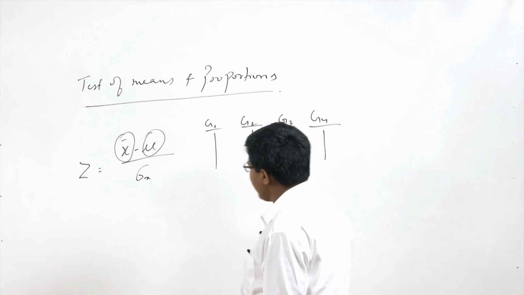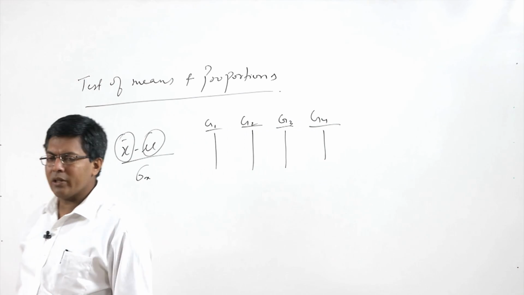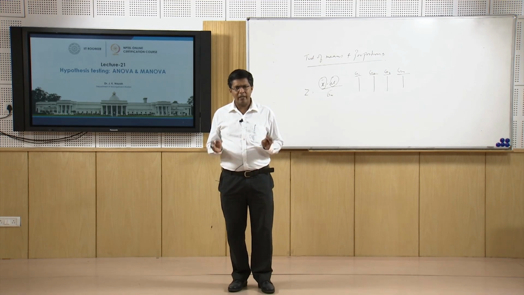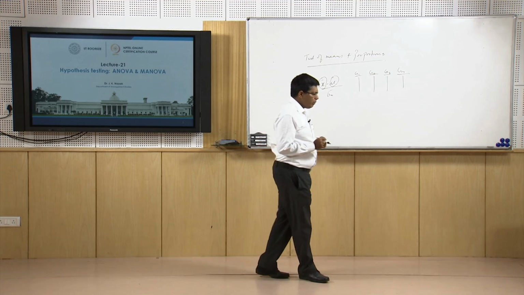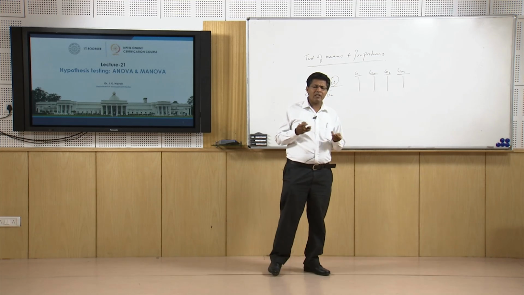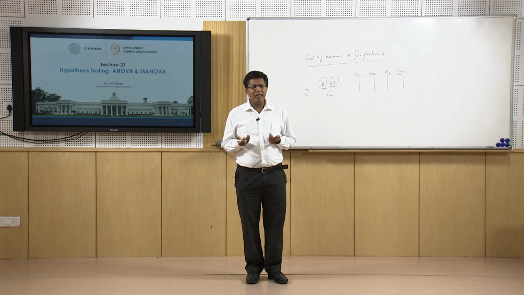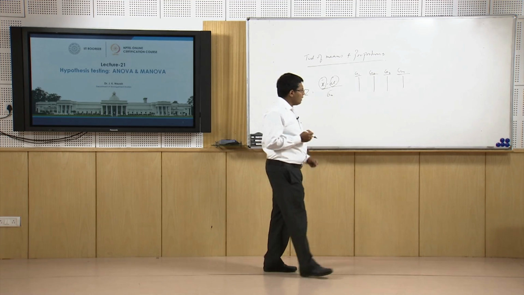In such a condition, the researcher can go for multiple t tests. But if you remember, I explained the logic behind not doing multiple t tests and why one should avoid them.